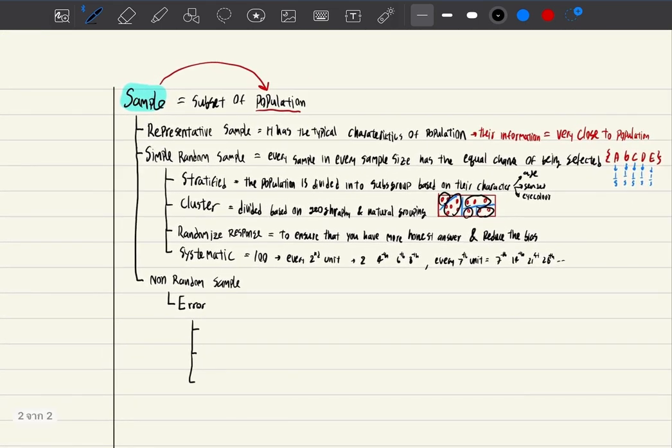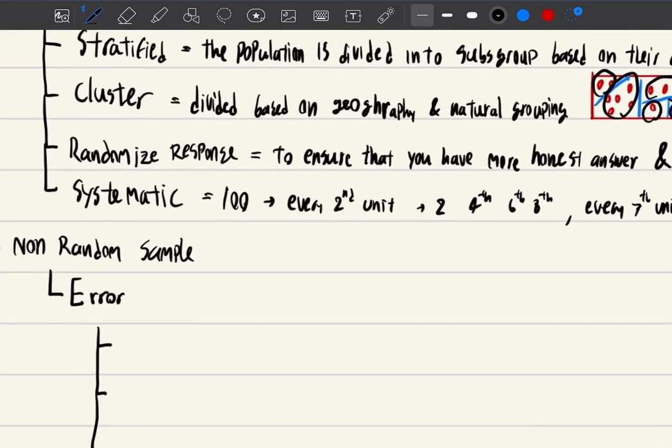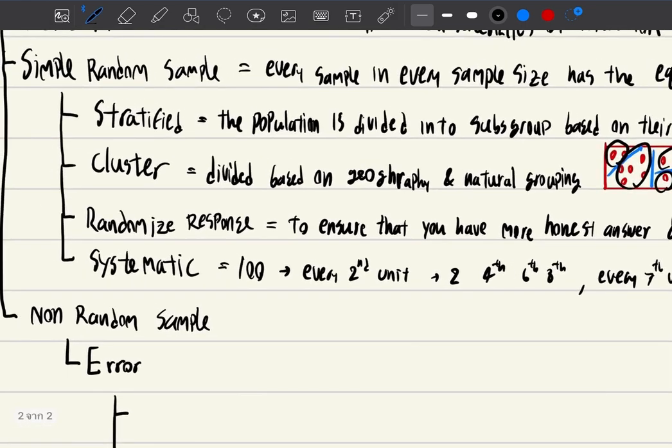Okay, so let's move on to the last one, which is non-random sample. The non-random sample is the opposite of simple random sample. In a non-random sample, the samples in every sample size don't have an equal chance of being selected.